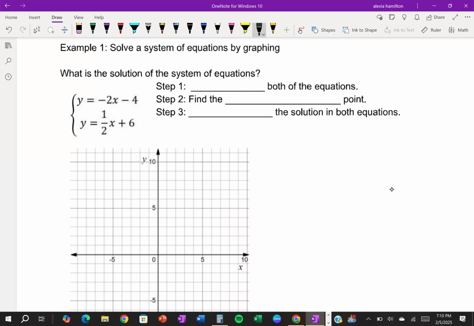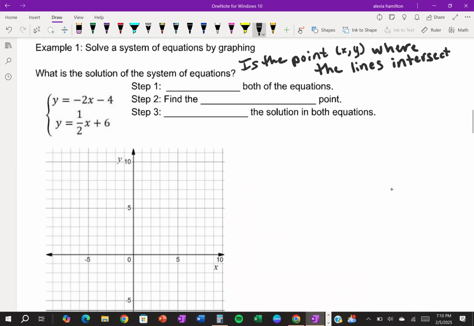But it is the point where the two lines intersect. So the solution of a system of equations is the point (x, y) where the lines intersect. They have to cross.